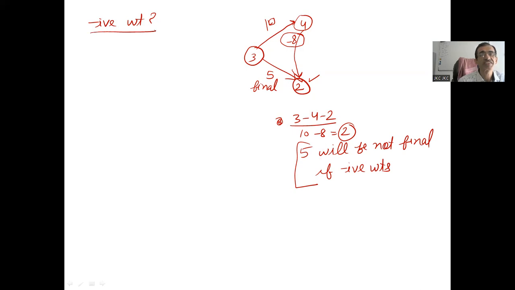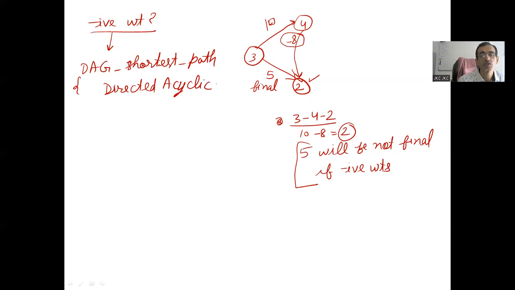So if negative weights exist, then we have another algorithm known as DAG shortest path, where the word DAG stands for directed acyclic graph. Negative weights will be allowed. We are already using directed graphs, but now we are going to use acyclic graphs, and negative weights are allowed.